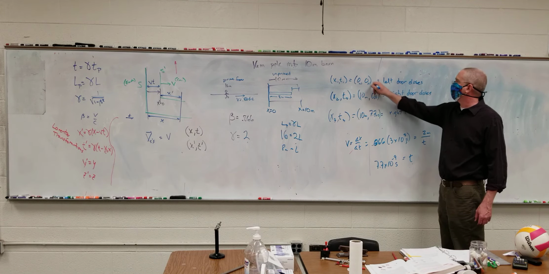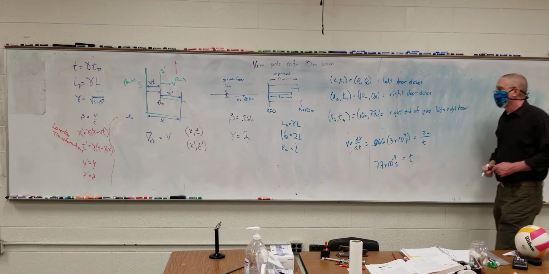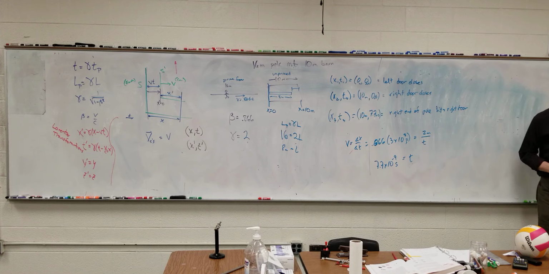This will make these all nanoseconds. All right, so this pole's traveling really fast. From the barn's point of view, it does fit completely in. Both doors close at that moment, and then 7.7 nanoseconds after it comes in, it smashes through the right side.